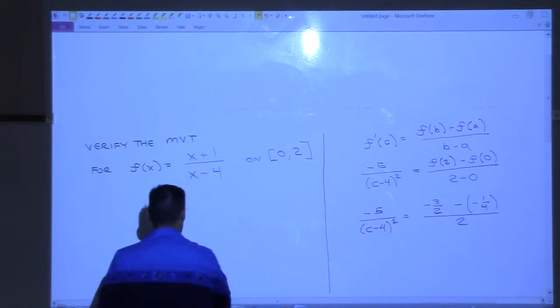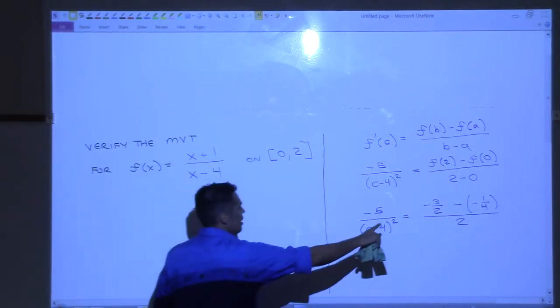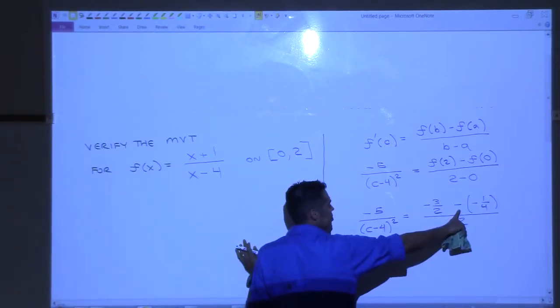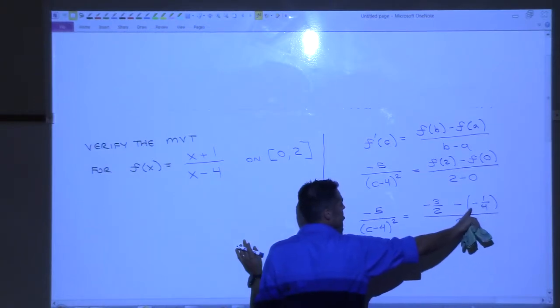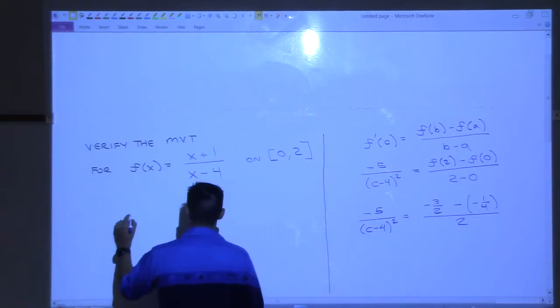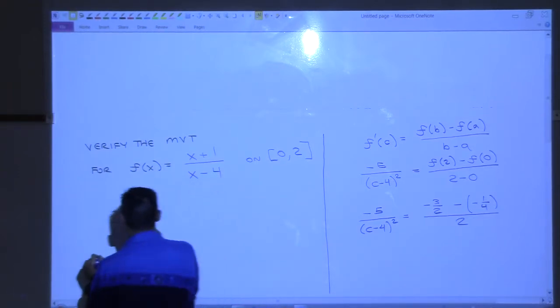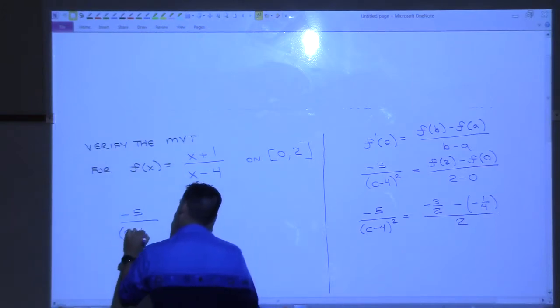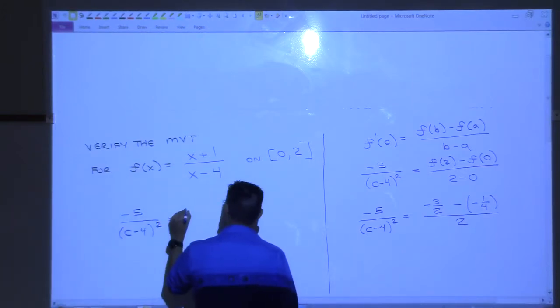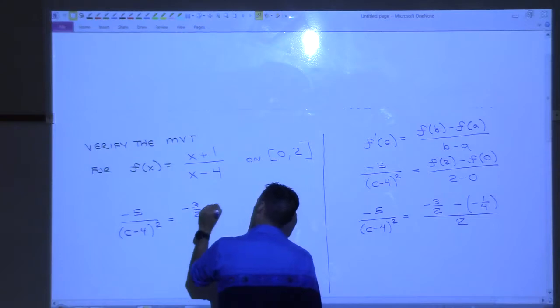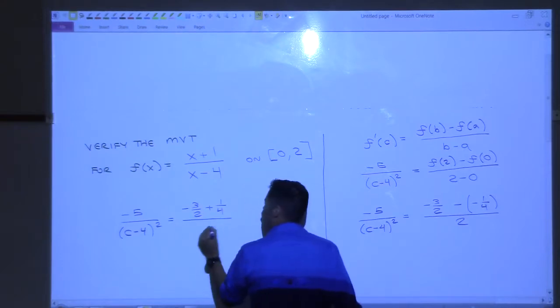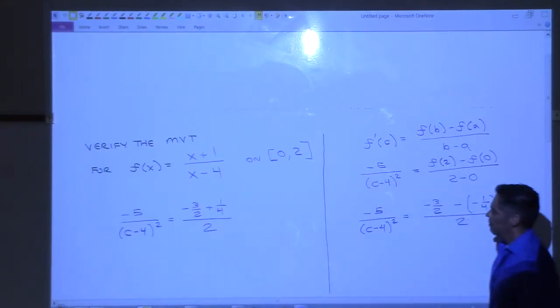Let's continue that over here. What does this numerator become? Well, this is going to be positive, right? So I'll just write down: we have negative 5 over c minus 4, squared, equals negative 3/2 plus a fourth, all over 2. Right, that's what this is.